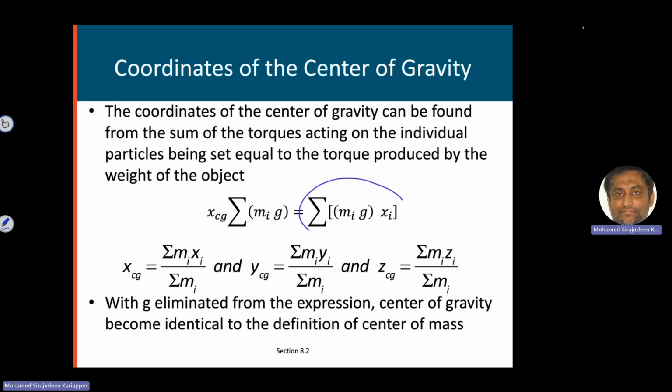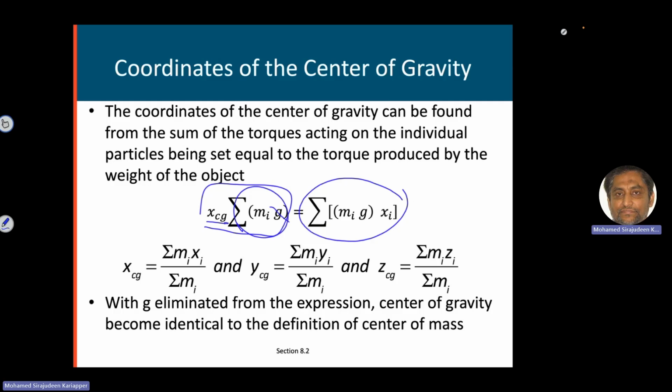This is the sum of all the torques from individual particles, and this is the effect due to the single point where we think all the weight is concentrated, multiplied by its turning effect around the y-axis. So it will be x center of gravity.